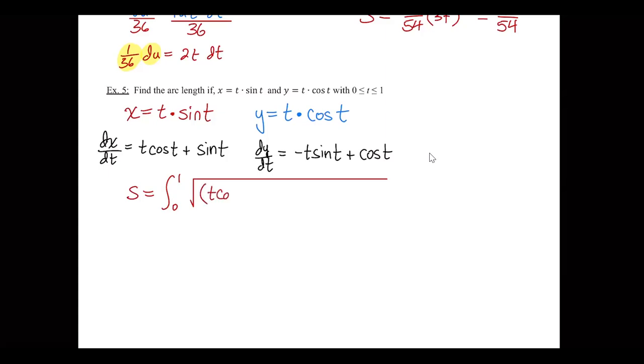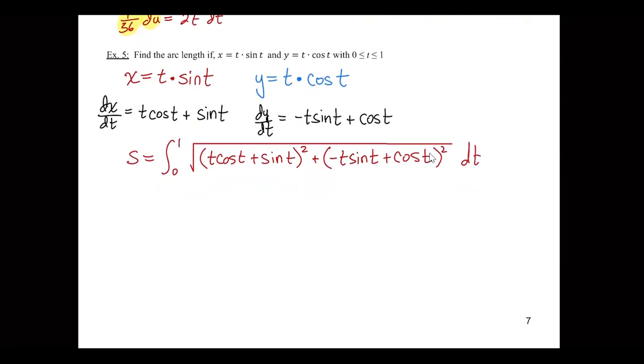The square root of t cosine t plus sine t, all squared, plus negative t sine t plus cosine t, all squared. And usually I make my radical bars too long. This time I made it too short. Now I made it too long. There we go. That's the radical we all know and love. So dt.